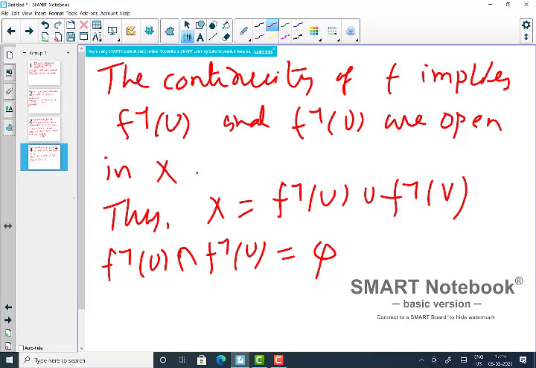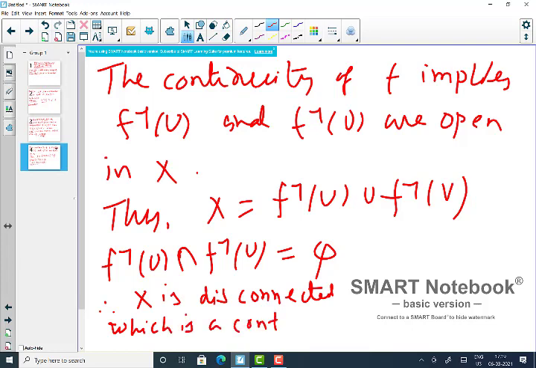Okay, so thus this becomes a separation of X, so X is disconnected, which is a contradiction, since X is connected. So what does that mean? That means the continuous image of a connected space cannot be disconnected under continuous functions; it has to be connected. Okay, clear?